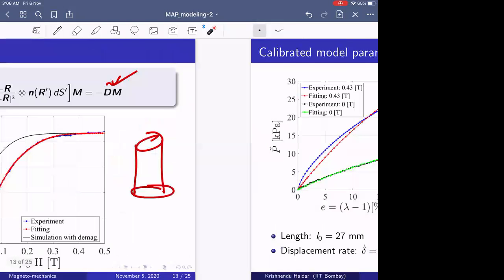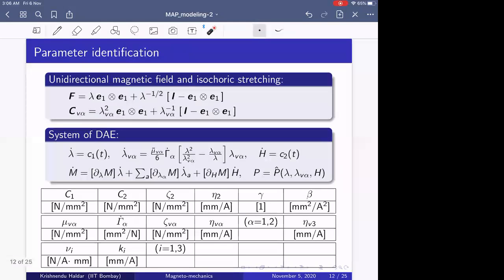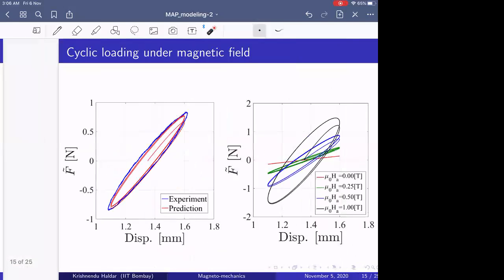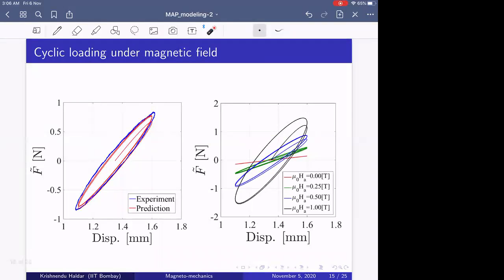So in this table, whatever parameters are there, these are the sufficient experiments to calibrate all the categories. And this is the model prediction here. This is a cyclic response, and there are no data used for this particular experiment, so this is a pure prediction.